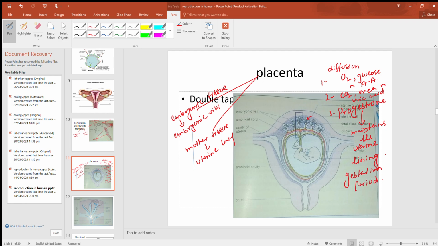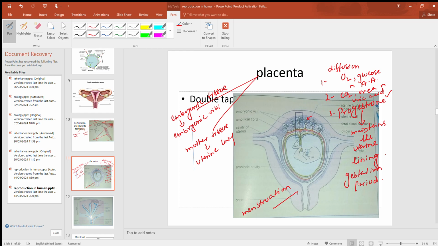We know that placenta formation happens in the uterine lining, and if there is no maintenance of progesterone level, then what happens? The uterine lining will break down and come out through the vagina and menstruation will begin. So in order to keep the pregnancy, the secretion of progesterone is vital. So what is the function of progesterone? It maintains the thickness of the uterine lining.